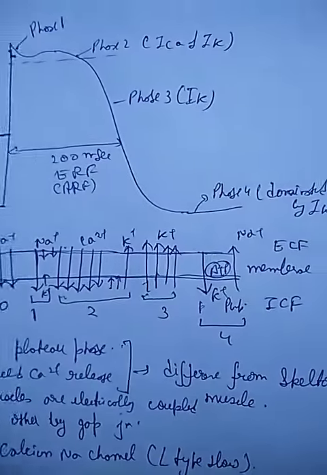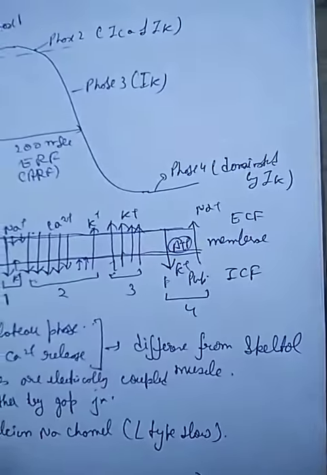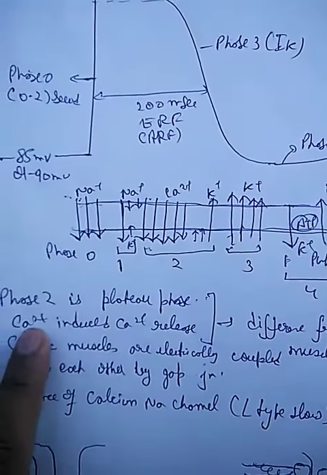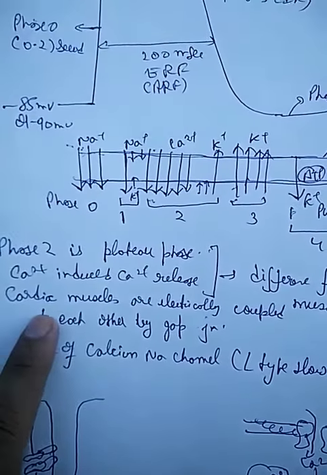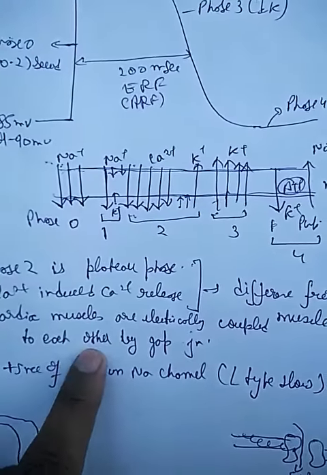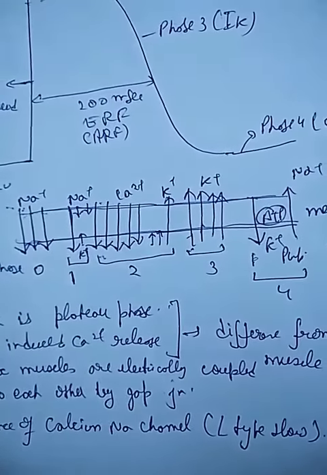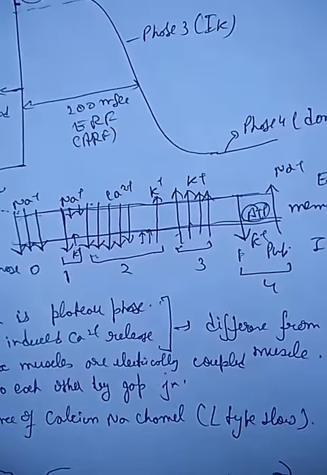So now we have to see some differences in the cardiac action potential from the skeletal muscle action potential or nerve action potential. That is, first I have discussed phase 2 is a plateau phase, and also that the cardiac muscles are electrically coupled. You know that there are gap junctions in the cardiac muscles, so they are interconnected and the impulse flows very rapidly through the gap junctions.